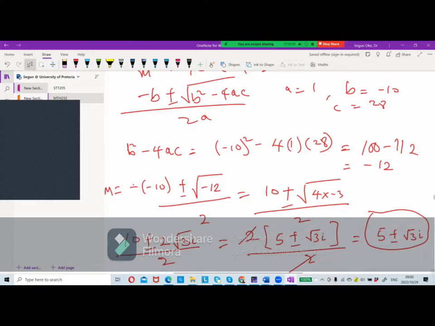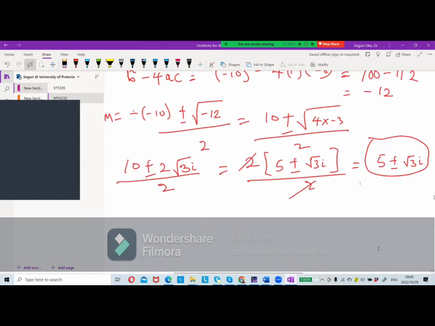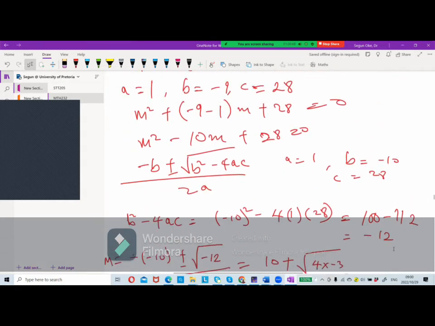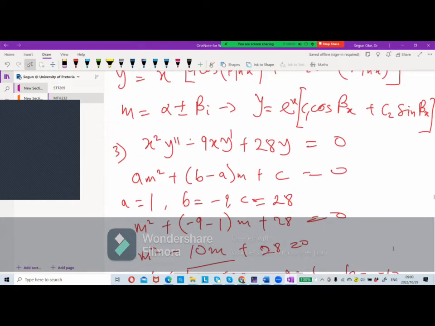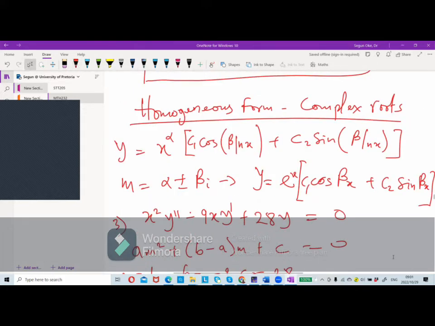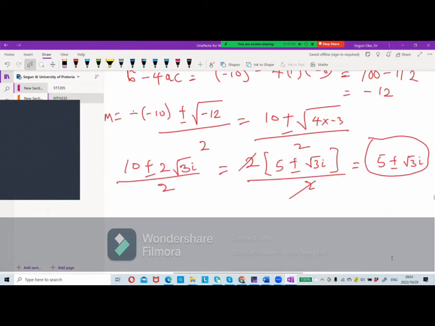So if our m is this, look at the definition that I gave you up there. I said m is equal to alpha plus or minus beta i. And you know the beta, so we can substitute. What is our alpha now?